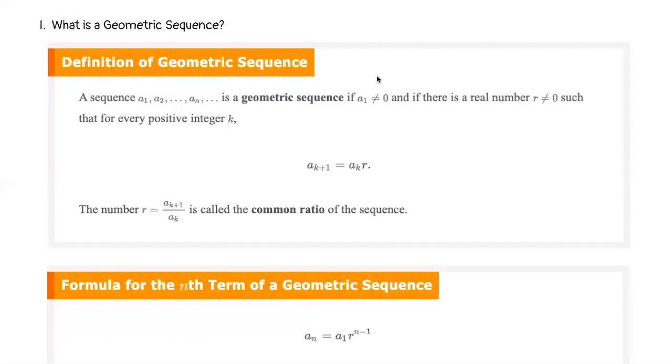Where sometimes we have a sequence and instead of adding something, we multiply by that something. And so that something we multiply by is called the common ratio, right? And an easy way to find that, you can take the next term and divide it by the previous term, and that will give you your common ratio. Okay?